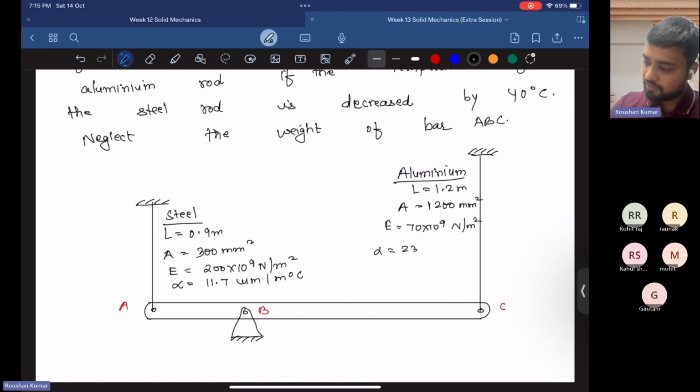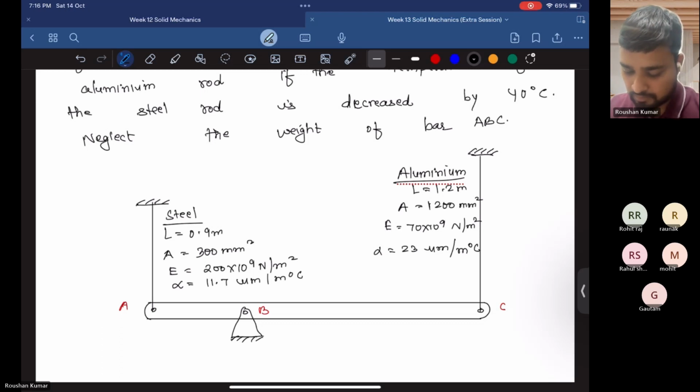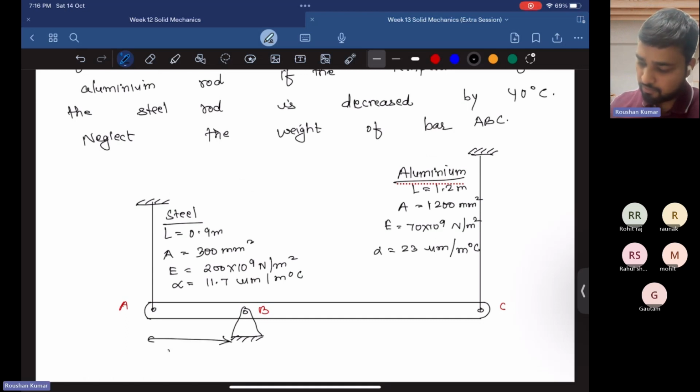And alpha is given as 23 micrometer per meter degree Celsius. This length is given as 0.6 meter and this length is given as 1.2 meter.